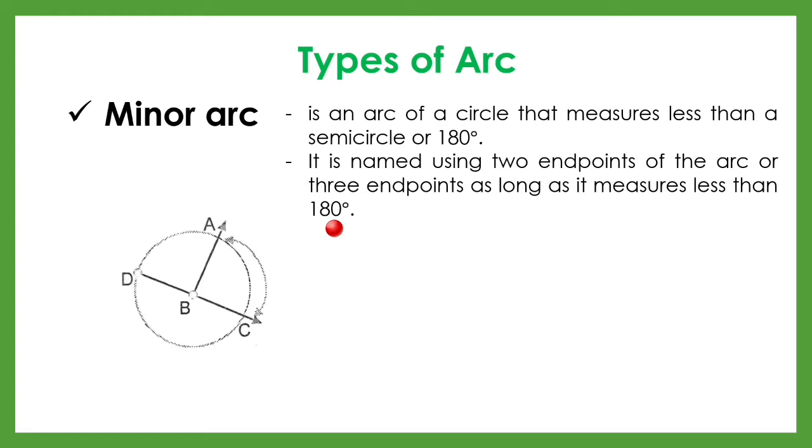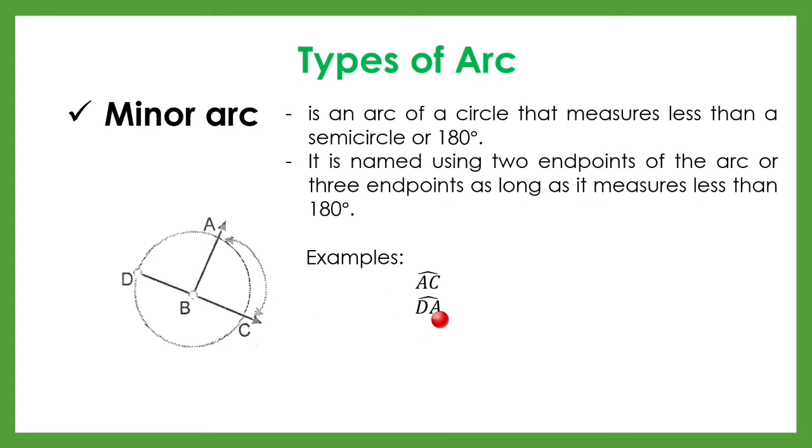Let's have an example. So, let's have example, circle B. So, alin kaya dyan yung mga minor arc? Ang minor arc ay nagme-measure ng less than 180 degrees. So, the first one is arc AC. So, ang measure nito ay less than 180 degrees.